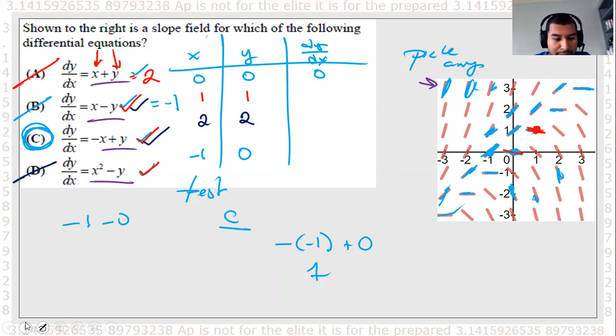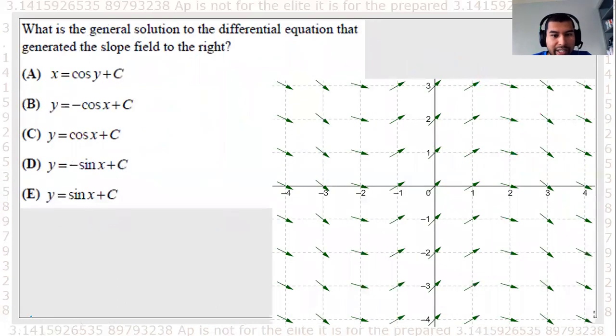Okay. Awesome. So this one right here, pretty much what we're gonna go ahead and see is which one should be the value here.